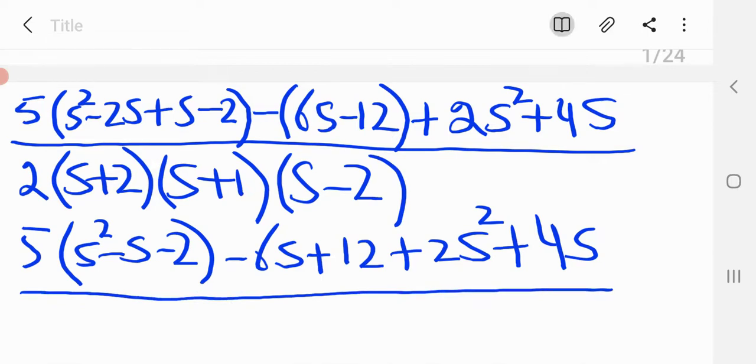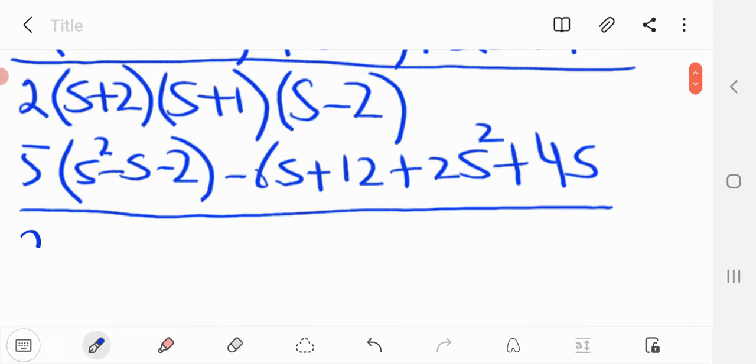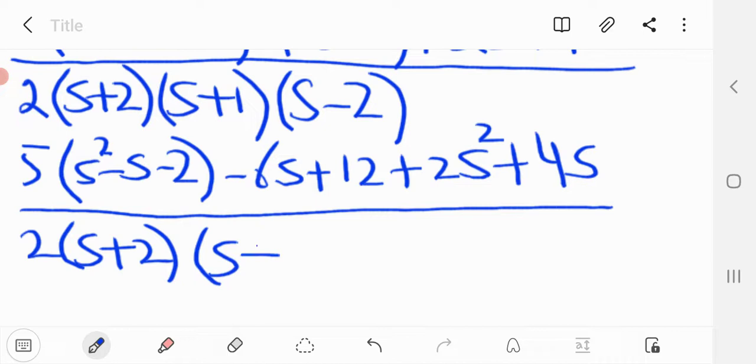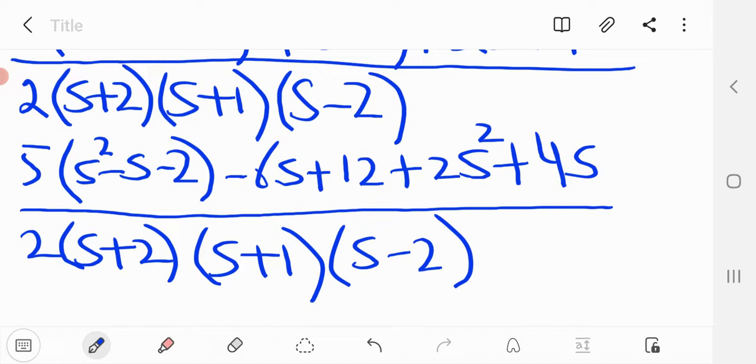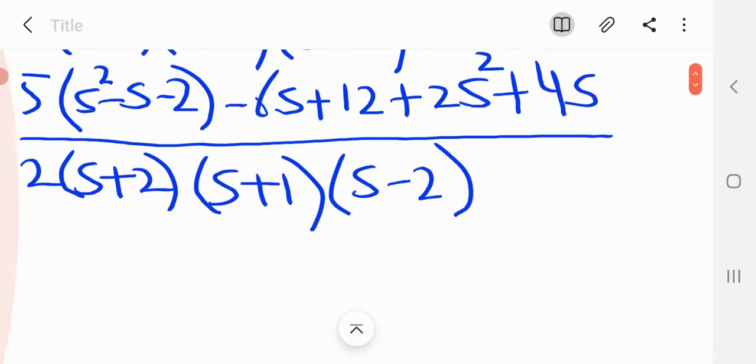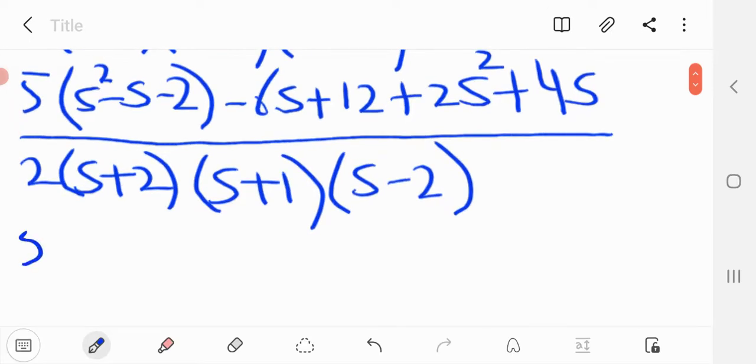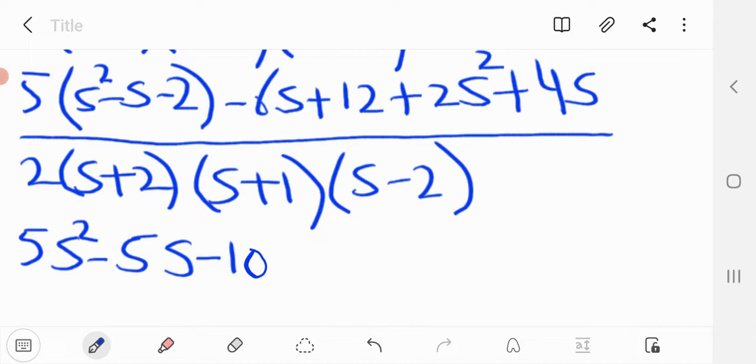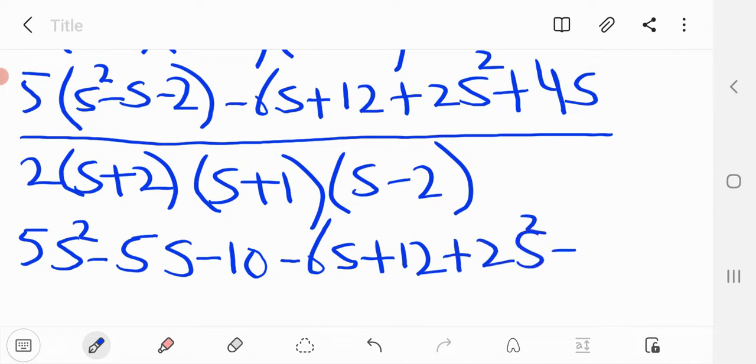So let me write it. It will become 2 into s plus 2 and s plus 1 and s minus 2. Now with the first quadratic factor, just multiply this 5, then simplify. So it will become 5s square minus 5s minus 5 into 2 is 10, minus 6s plus 12 plus 2s square plus 4s.